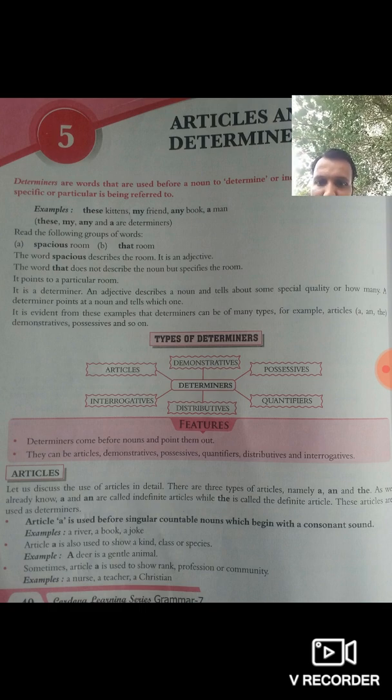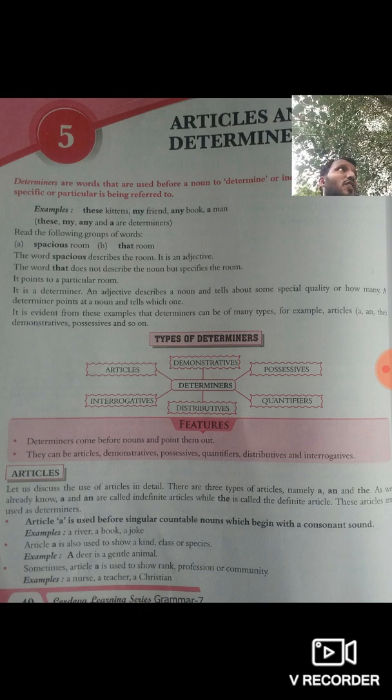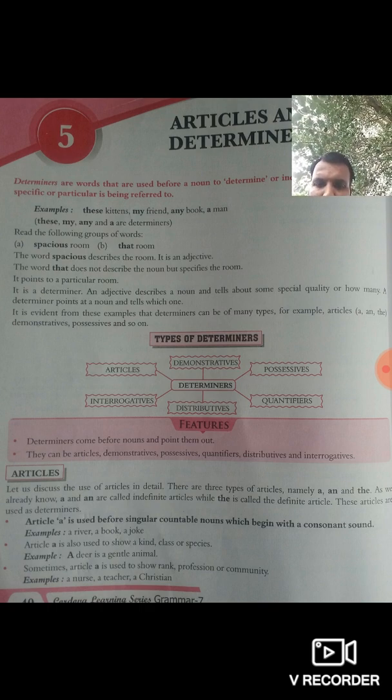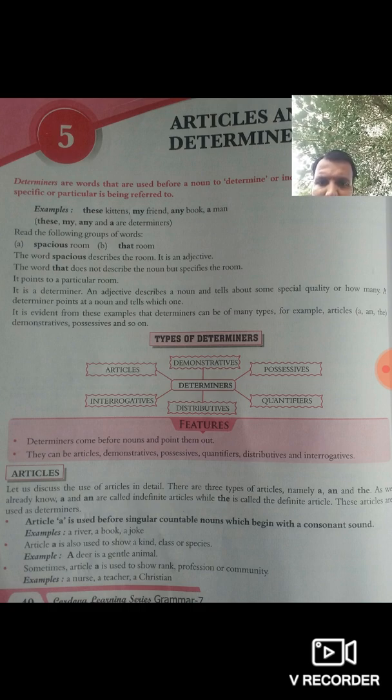For example, a deer is a gentle animal. Sometimes article a is used to show rank, profession, or community. For example, a nurse, a teacher, a Christian.